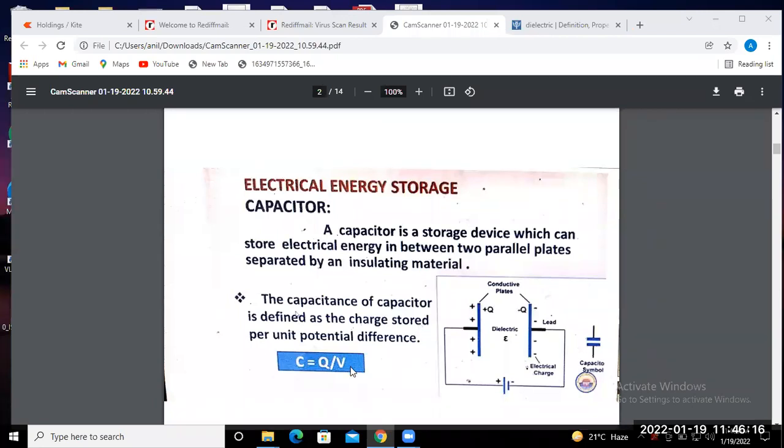So capacitance is the charge stored, represented by Q, per potential difference between the two plates, the positive plate and negative plate. So C equals Q by V.